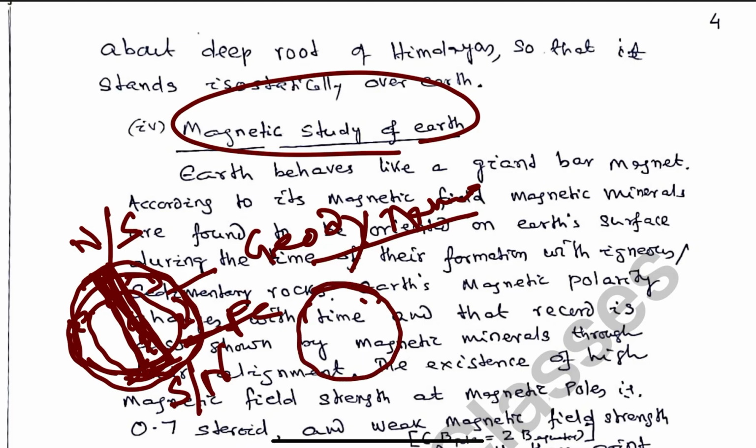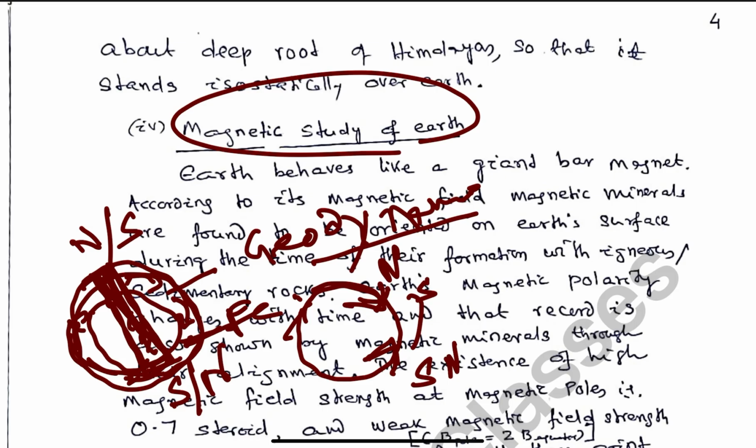If the movement is like this, the north-south direction is in a certain way, and if the movement is like this, in this case the north is along this direction and south is along this direction, in the other case it will become south, it will become north.